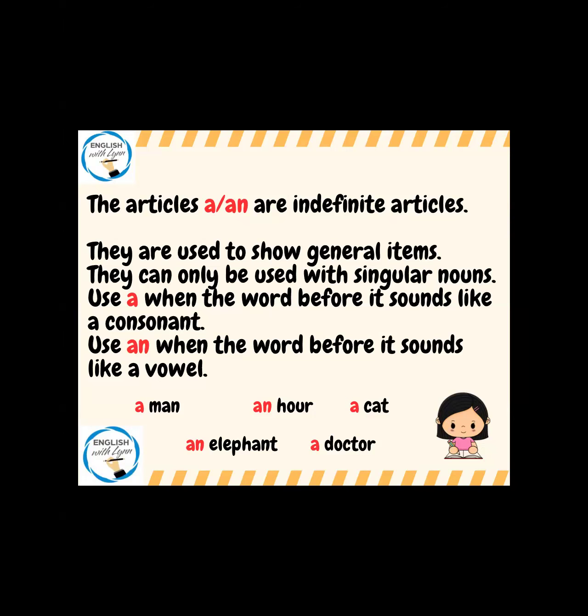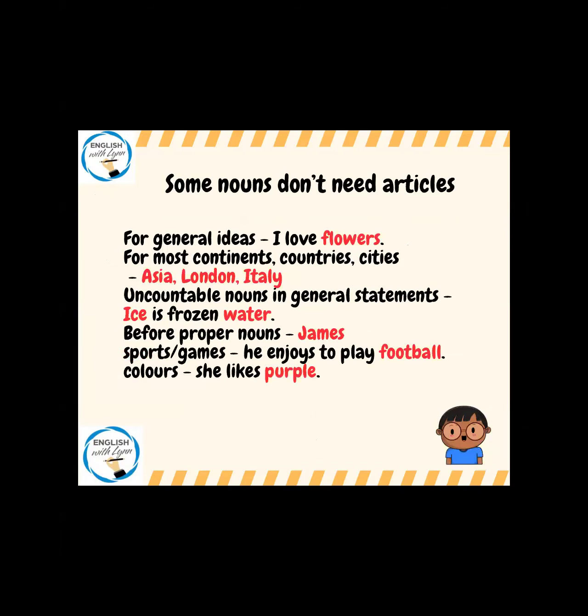Now, on to the final part. Some nouns don't need articles before them. If you're speaking about general ideas, you might say, I love flowers, I love chocolates. You don't need an article before that.